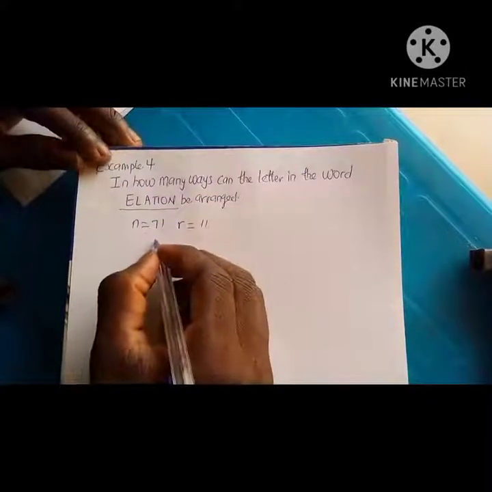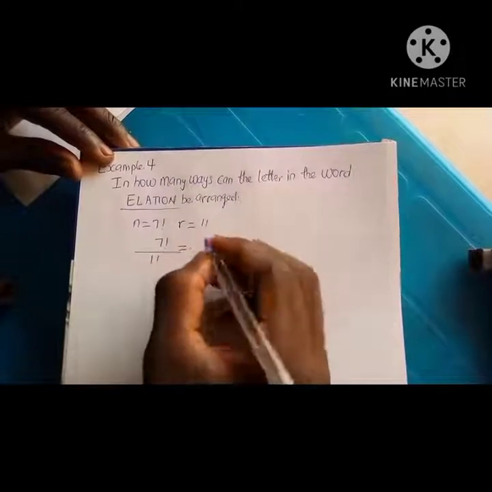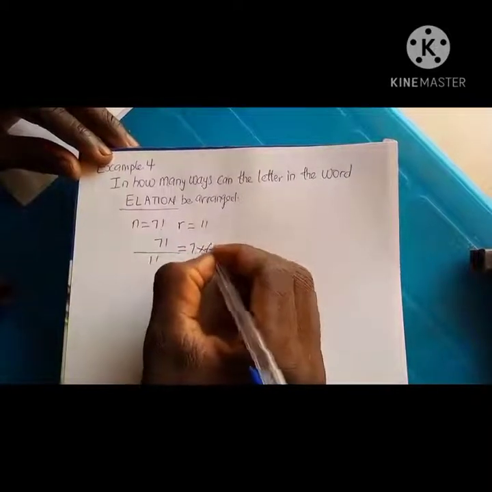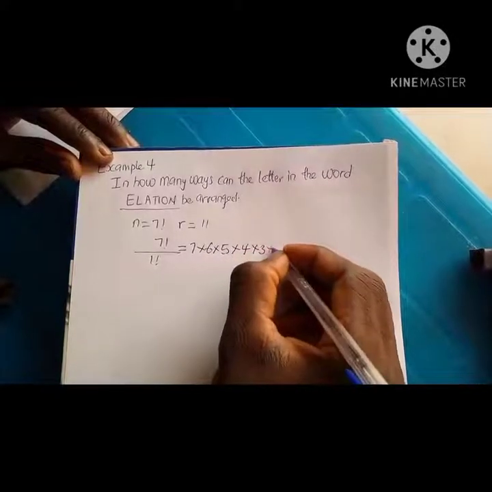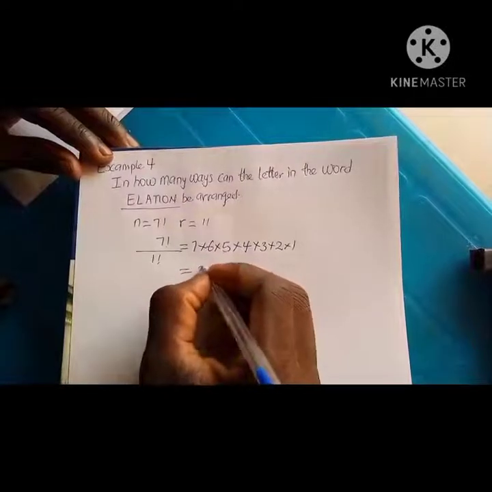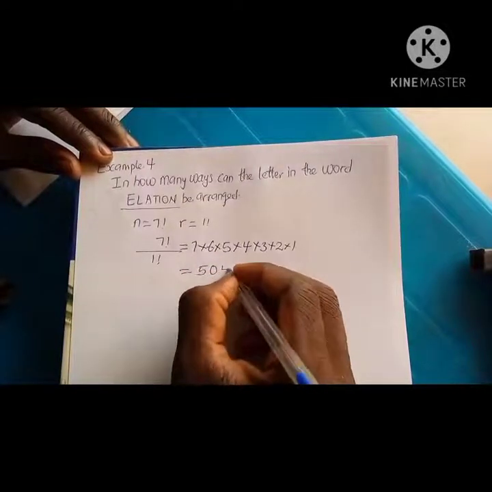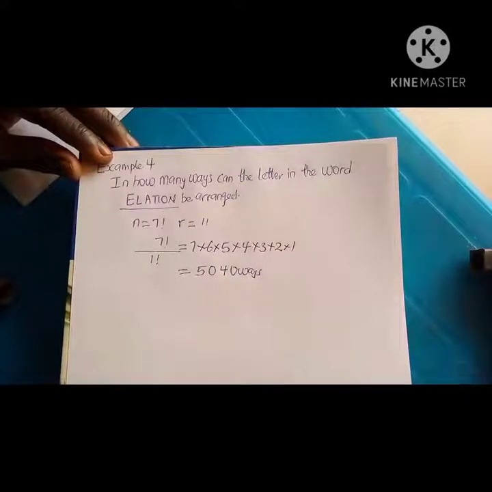So you'll be having 7 factorial divided by 1 factorial. 7 factorial is 7 times 6 times 5 times 4 times 3 times 2 times 1. And when you multiply this together, you are going to get 5,040. You can see that it is very simple, because we do not have any letter that occurs 2 times.